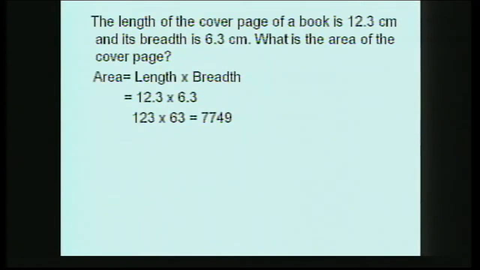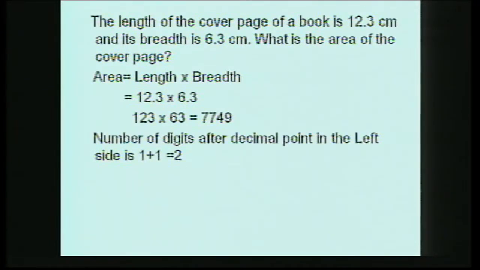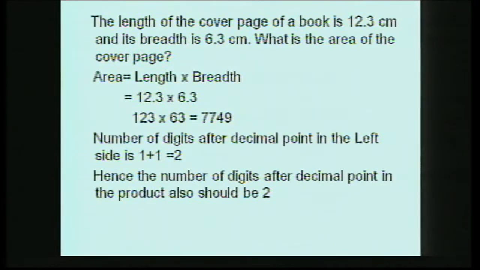And you can see on the left side there are 2 digits after the decimal, one in each number. Therefore, in the product also, count from 9, and after 2 digits put the decimal point. That means 9 and 4, then put the decimal left of the 4. You will get the answer: 12.3 into 6.3 is equal to 77.49.